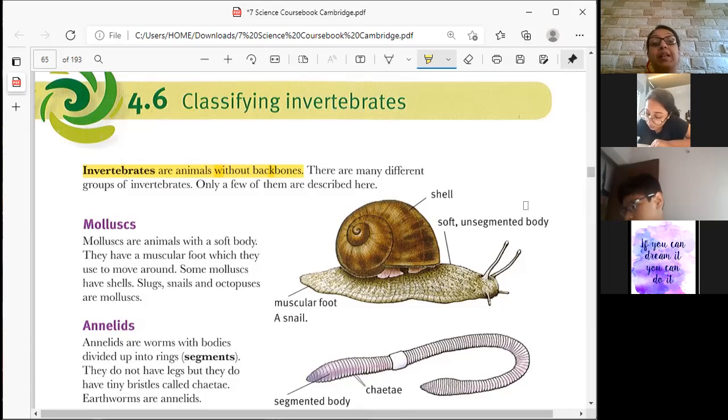Okay. Now, when we talk about invertebrates, there are many different groups of invertebrates. And here in your textbook, we are going to learn just a few of them.